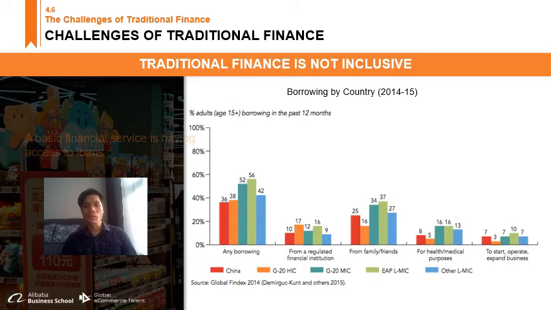When you see this, you notice that citizens of lower income countries tend to rely more heavily on friends and family. This is particularly true for citizens in rural areas, because they would want to start up their business but cannot have access to a bank.